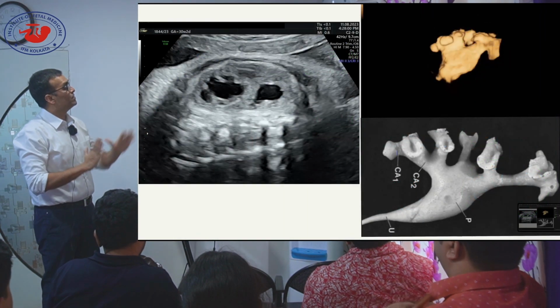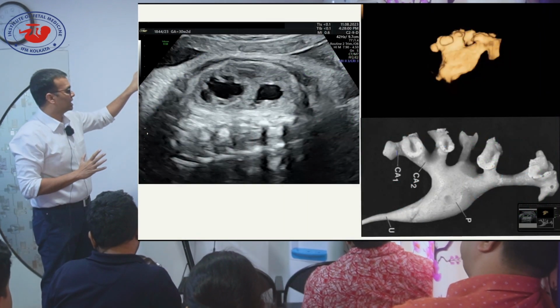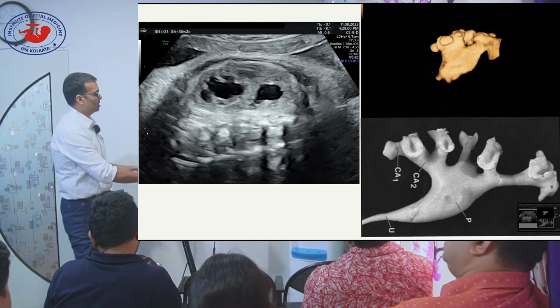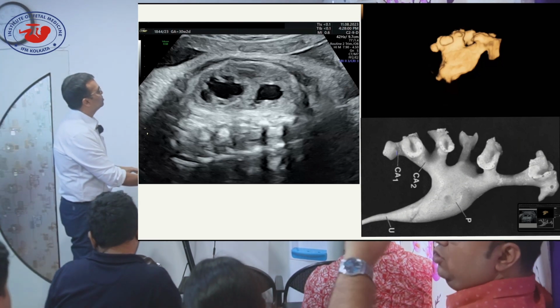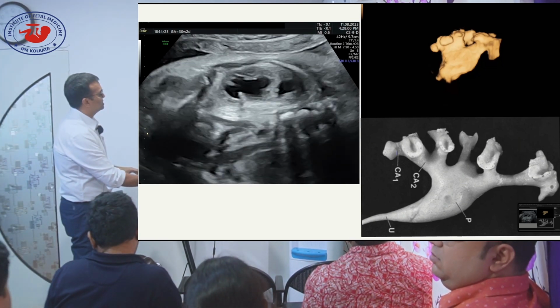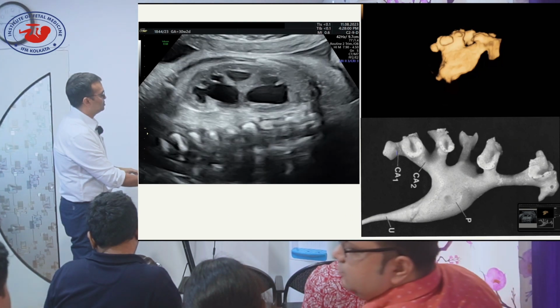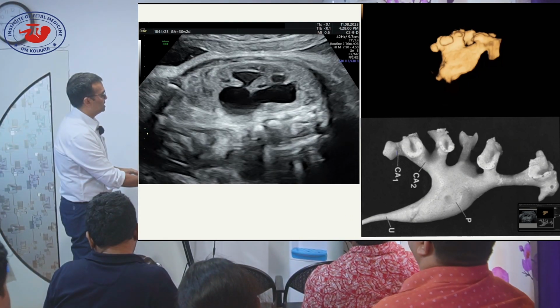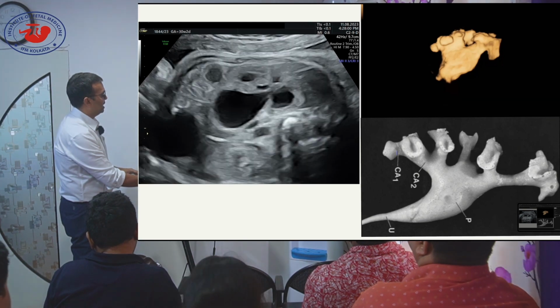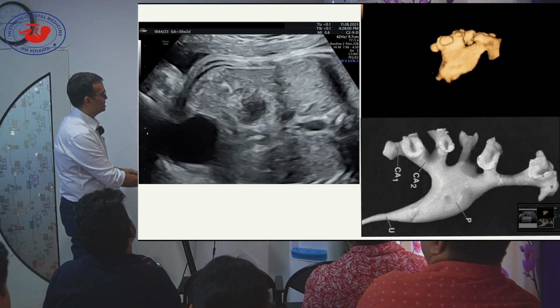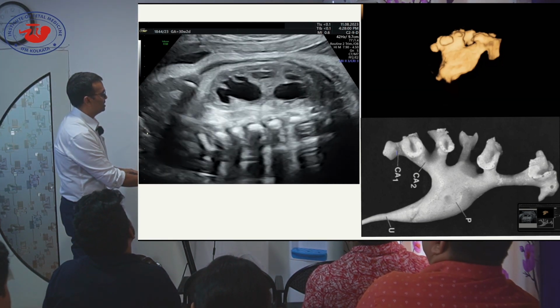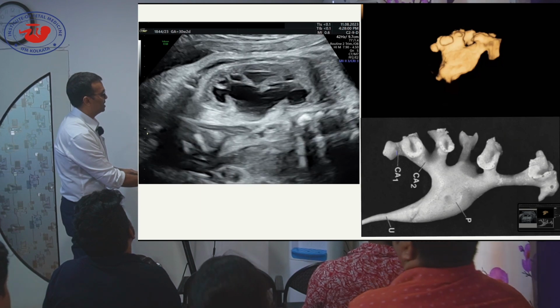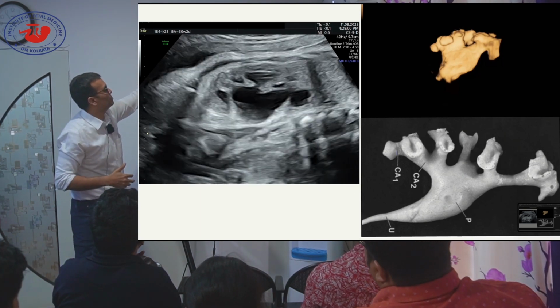Now I will try to show you on a real-time picture so that you get a better idea. Now you see this is the dilated collecting system, and then you see this outpouching. This is the renal pelvis, okay? And then from the renal pelvis you see this is the central calyceal system, and then from central you see these peripheral ones, the peripheral calyceal system.